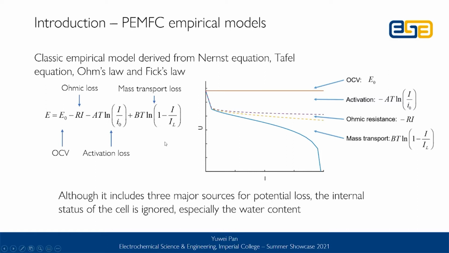However, this model does not include any internal status of the cell, like the water content in the membrane and the local liquid water saturation. So its accuracy is limited to a very narrow range of working conditions once the model parameters are set.